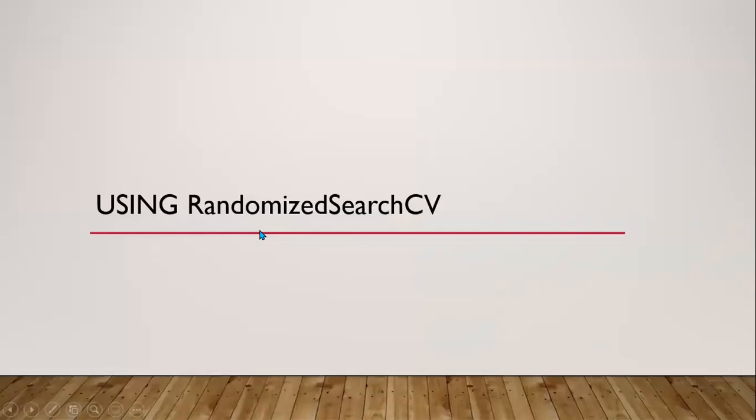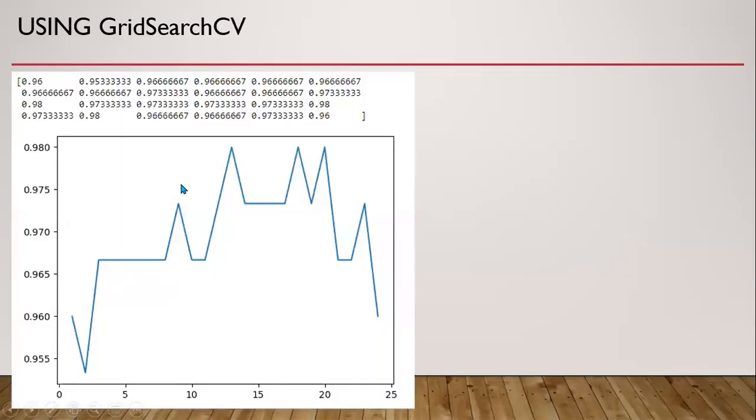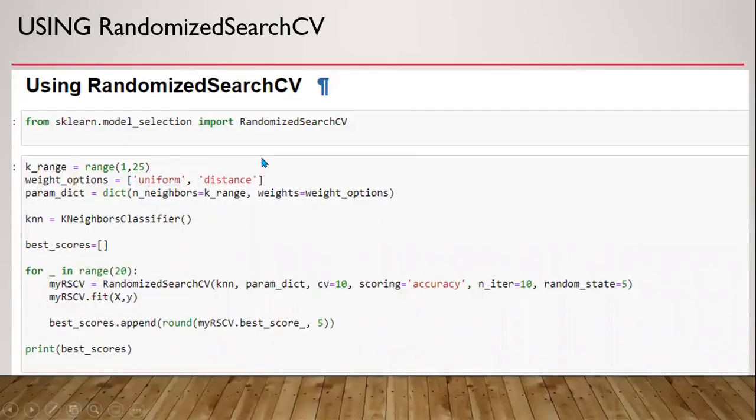Now let us see tuning of hyperparameters using RandomizedSearchCV. So if we increase the parameters, then the use of GridSearchCV will be computationally exhaustive.